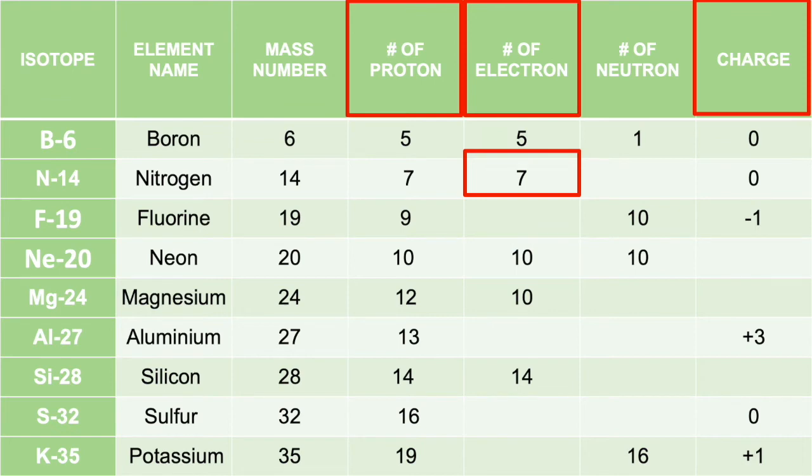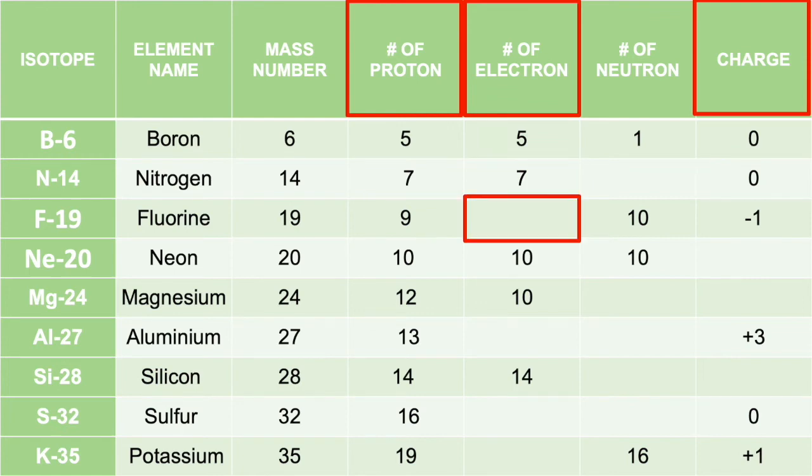Let us try nitrogen. It has 7 electrons. When you look at the charge of nitrogen, it is 0, meaning to say that it is in a neutral state. That means that the number of protons and electrons of nitrogen is equal.